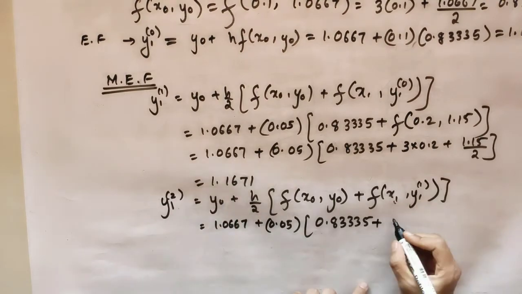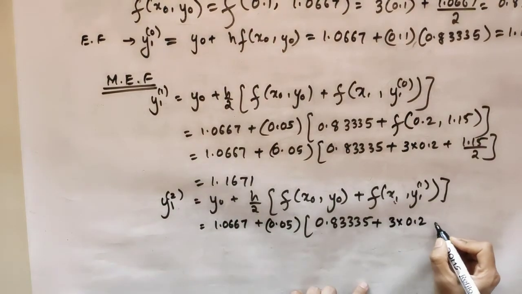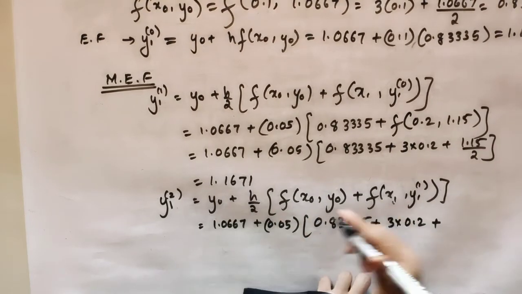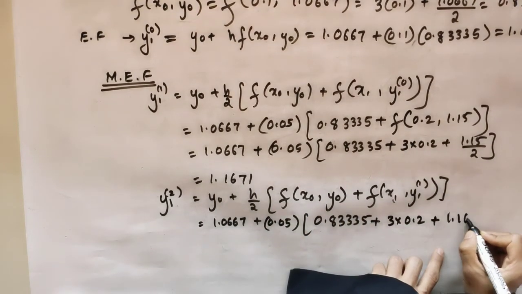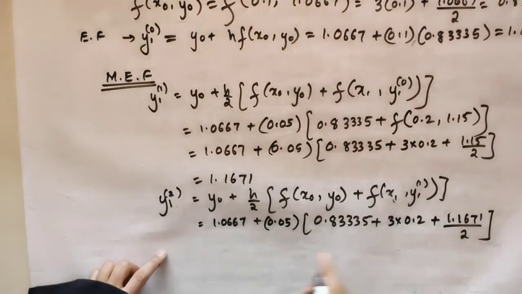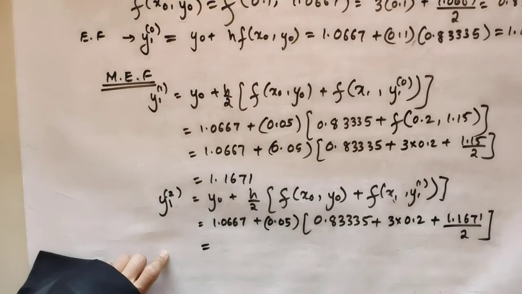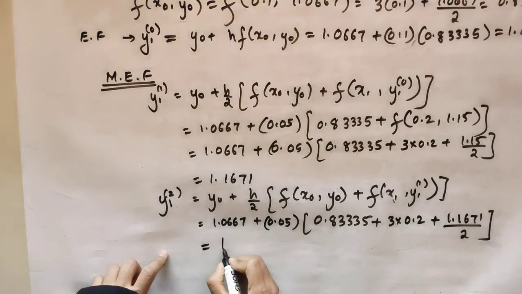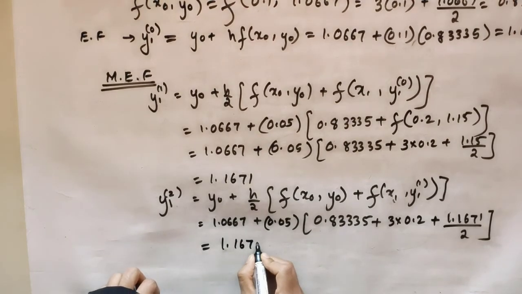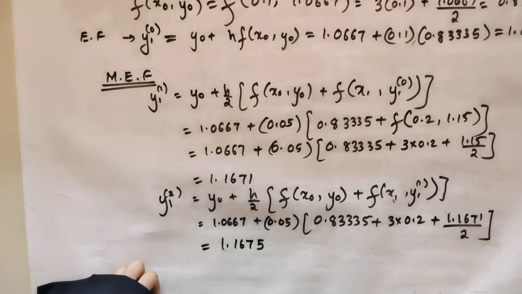So it will be 3 times 0.2 plus the new value for y1, 1.1671, divided by 2. When you simplify this, you will get 1.1675. Just check, all of you.